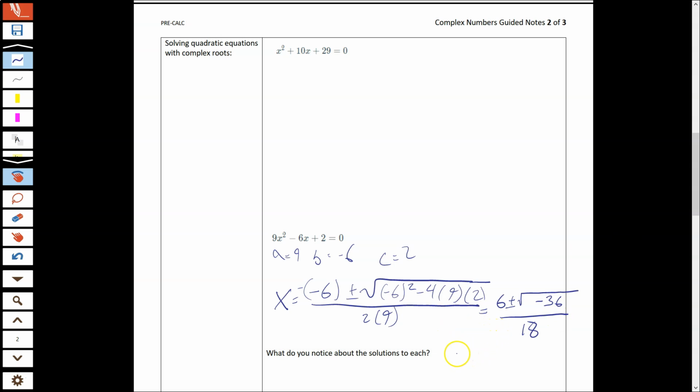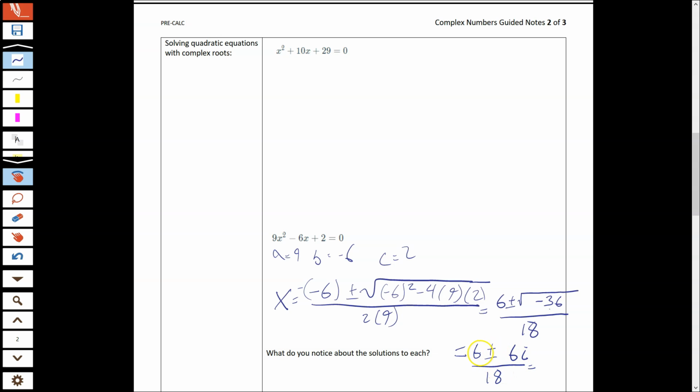Now, here's where that imaginary number i comes in. So I get 6 plus or minus the square root of negative 36, which is 6i, because the square root of 36 is 6 and the square root of negative 1 is i, all over 18. And then I'm going to simplify.